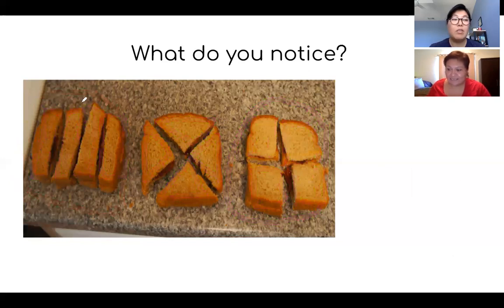For each sandwich, if 2 parts were missing, someone ate them, they're gone. And 2 equal parts are gone. And 2 equal parts are gone. Someone ate it. How would you write this as a fraction for each sandwich?